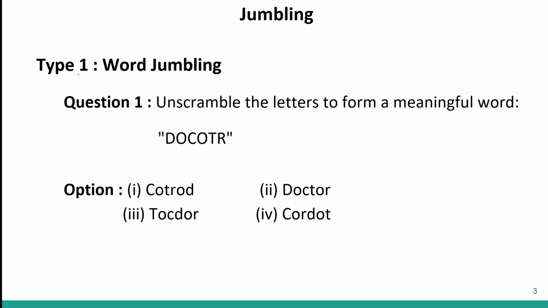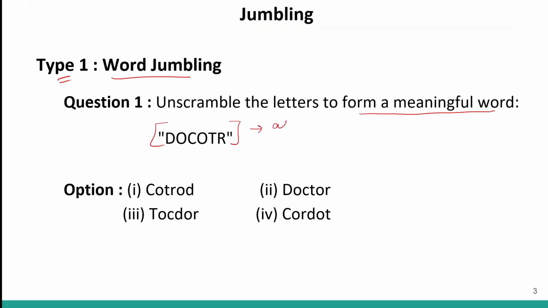So let us start. Type 1 is word jumbling. Word jumbling means that a word is given to us which is in a scrambled form, and then we have to unscramble it to form a meaningful word. Now, these are the letters given to us.